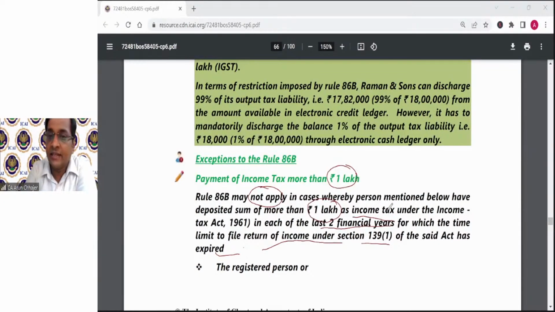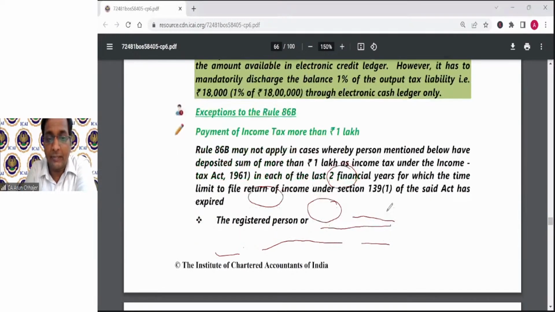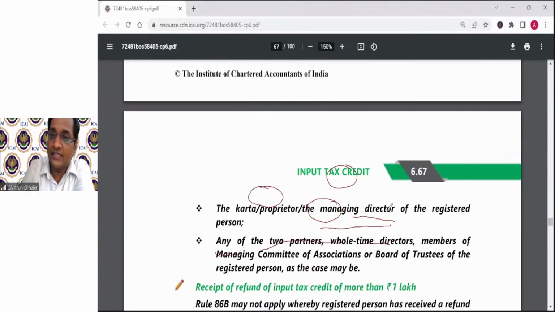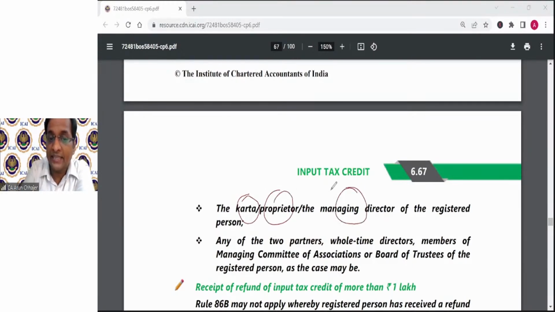Then in that case, the criteria of the 1% rule of 86B is not applicable.